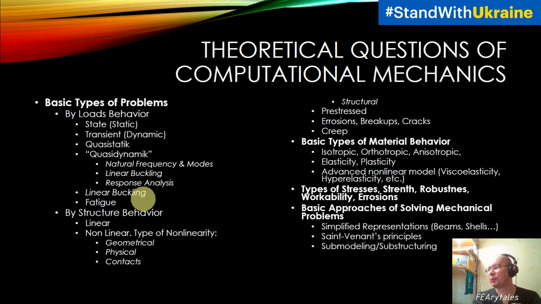So, the question of computational mechanics. We'll talk about classification of types of problems, and we will classify these problems in different ways. First of all, we will classify by load behavior.